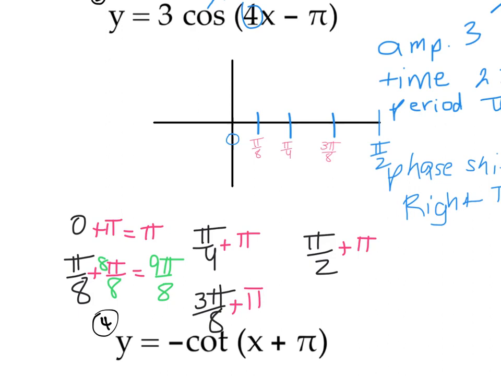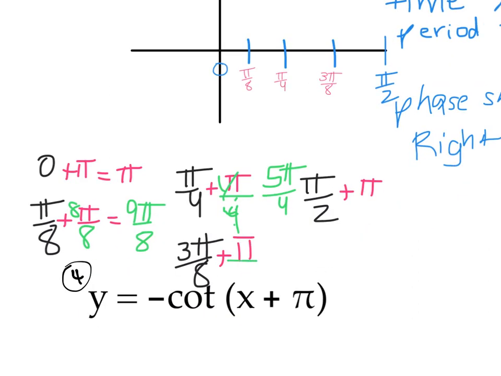Then I have pi over 4. If I change this to fourths, I have 4 pi over 4s plus 1 of them gives me how many? 4 plus 1. 5 pi over 4. All right, I got to change this one to eighths. So I have 3 plus 8 is 11 pi over 8.